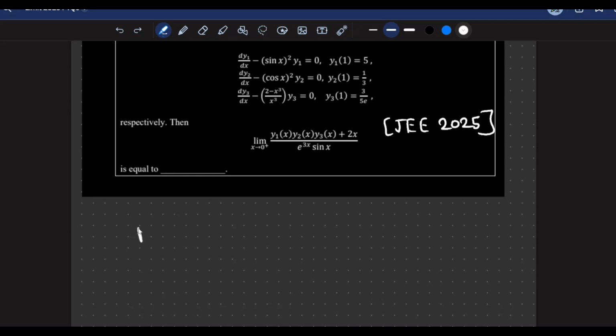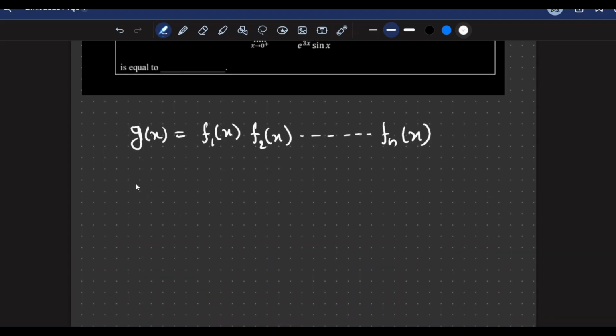So if we have some function g(x) is equal to f1(x), f2(x), f3(x) and so on up to fn(x), then there is a really good formula which relates the derivative of g(x) and g(x) as summation i is equal to 1 to n, fi dash x by fi(x).